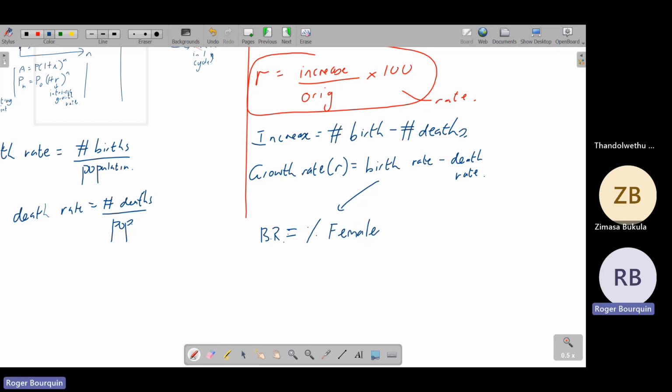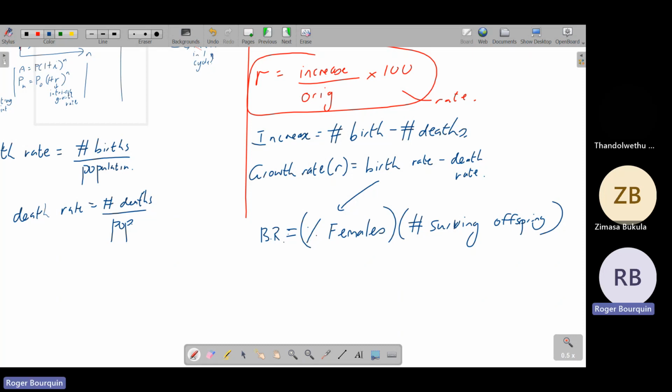The higher percentage of females in the population, the better the population growth. So it's percentage of females, times by number of surviving offspring. That's what your birth rate is.